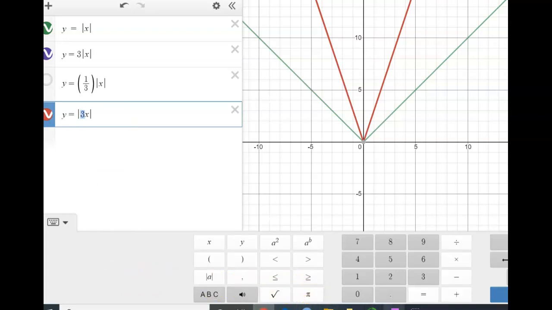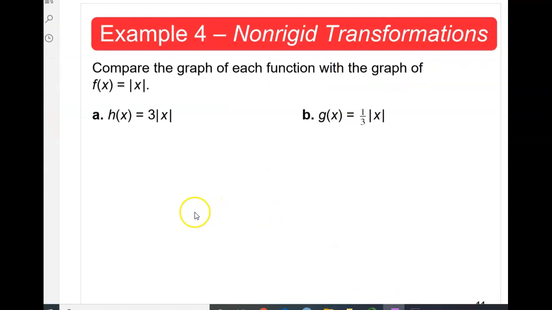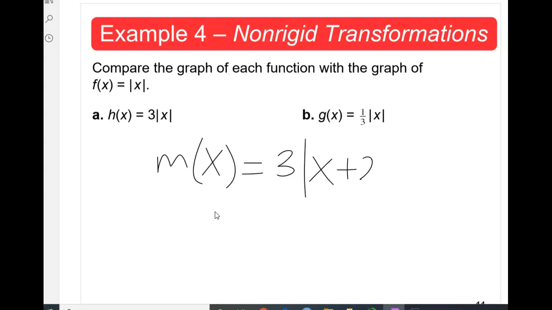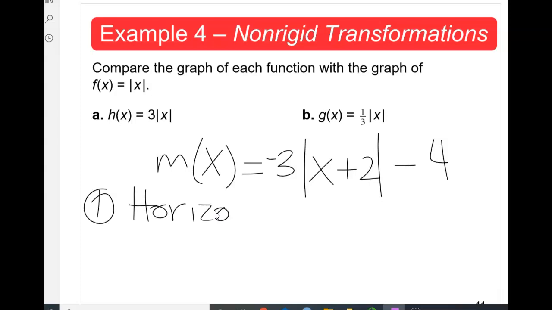Now, just to finish, I want to warn you that sometimes you might have multiple transformations. You might have something like, I don't know, a vertical stretch, and then a horizontal shift, and then a, I don't know, a vertical shift. So the steps that you must take to solve this will be, first, you need to take care of your horizontal shifting. Oh, and then let's put a negative there for fun too.